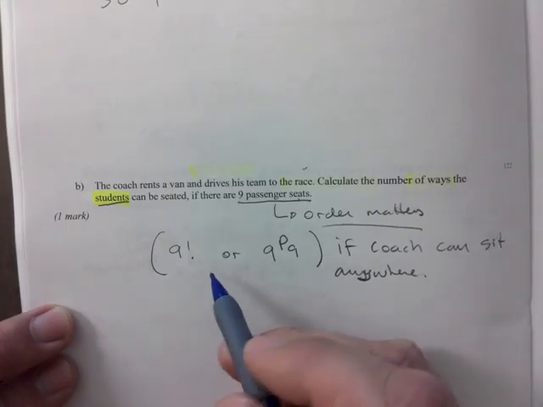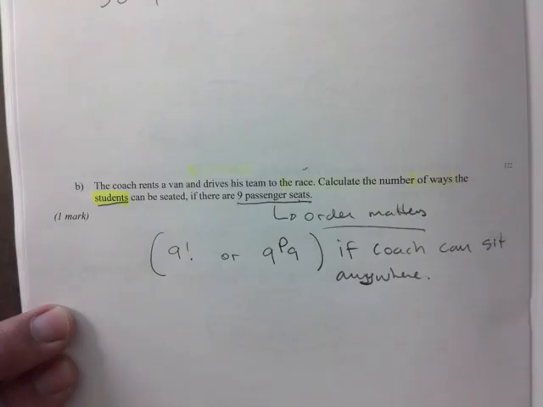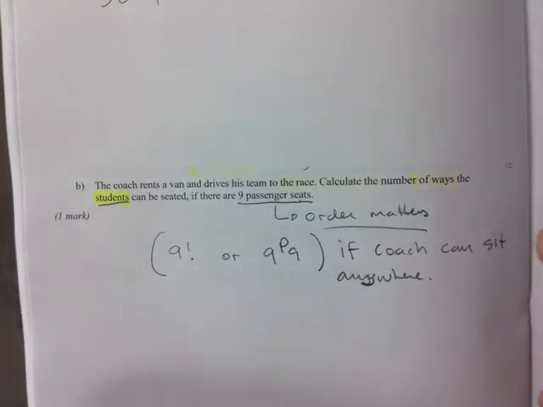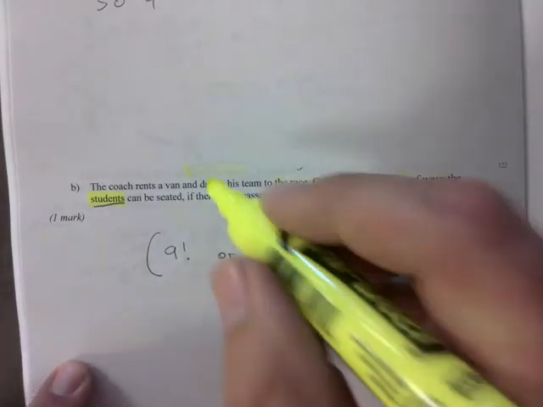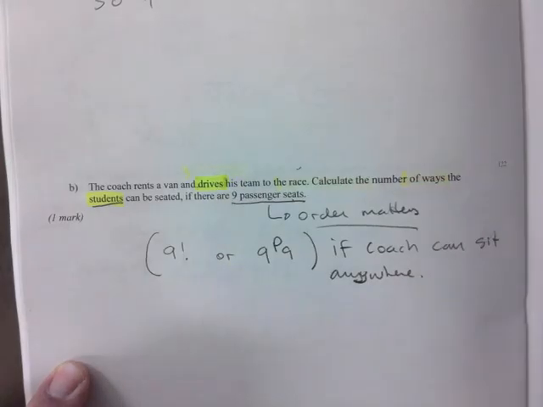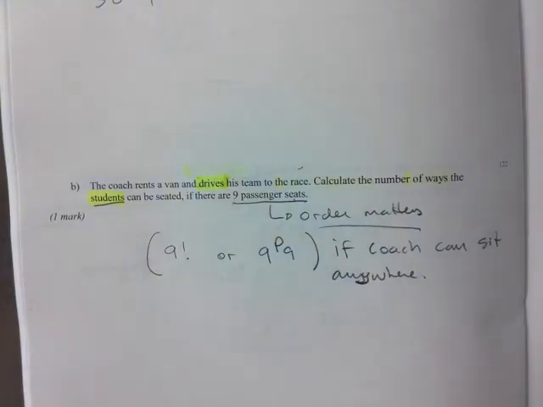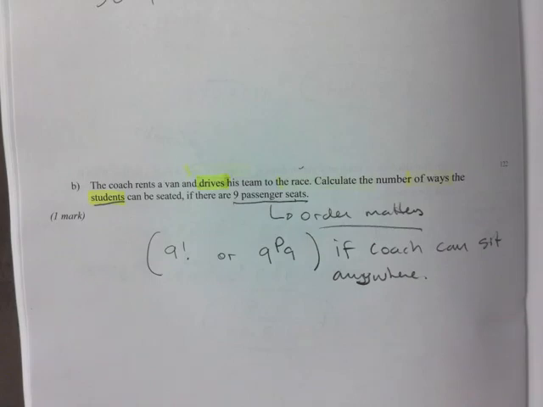This is the answer. 9 passengers, which means... I don't think this is a fair question. Okay, hold on. We're just going to pause here for a bit. State your assumption, okay? All right, let's keep going.